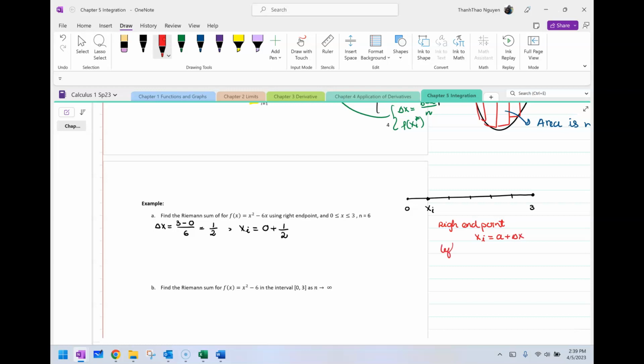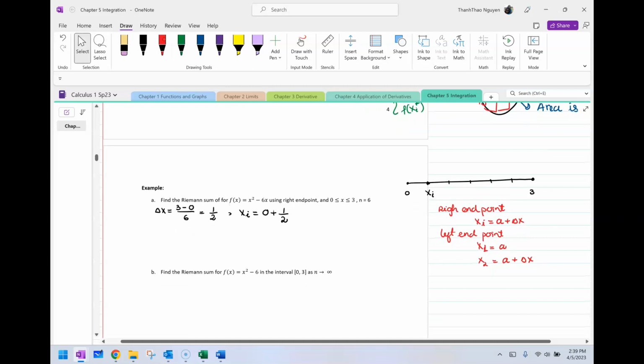For the left endpoint, the first x sub i is equal to the starting point, and the next one, x sub 1, then x sub 2, is equal to a plus delta x.